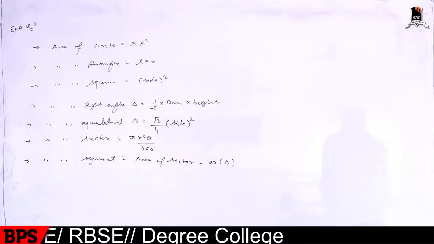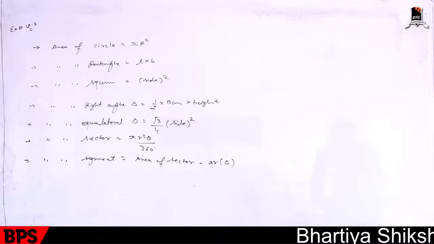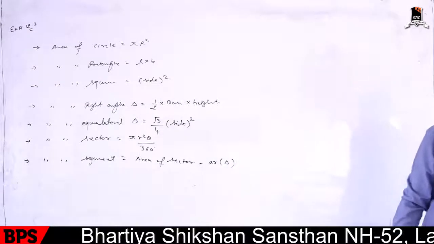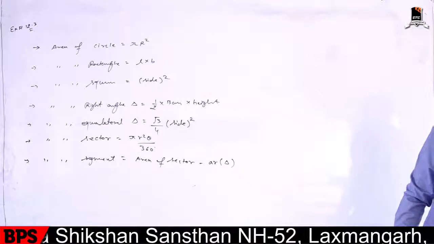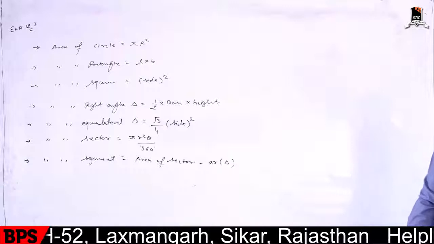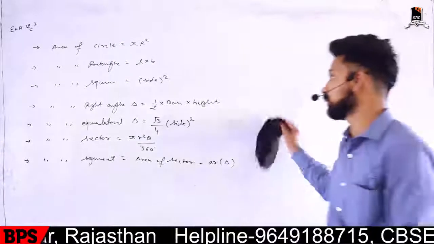Question number first. Find the area of the shaded region in the figure if PQ is equal to 24 centimeter, PR is equal to 7 centimeter, and O is the center of the circle.